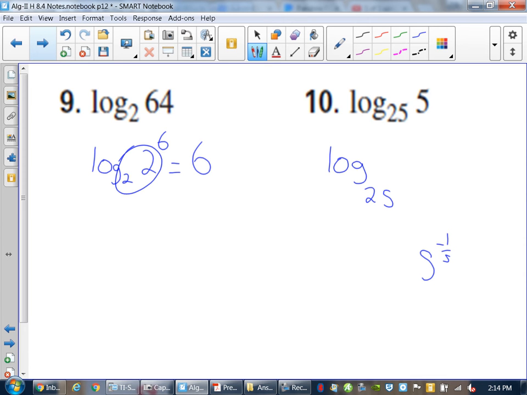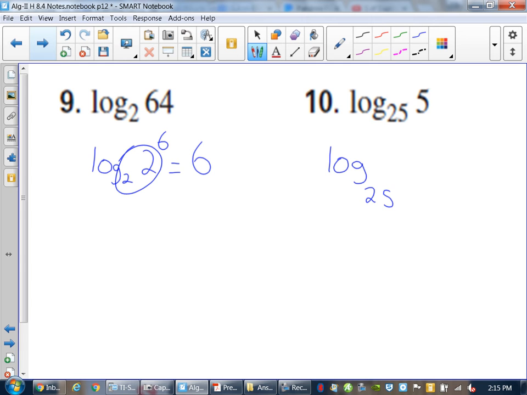Big number. Negative 1. All right. So if it's 5 to the negative 1/2, that means it's 1 over 5 to the 1/2. You need to turn a 5 into a 25. If I square the 5, right? But how do I make the 5 look like a 25?